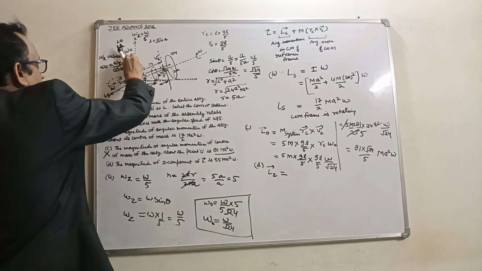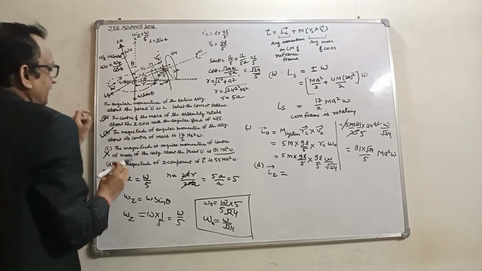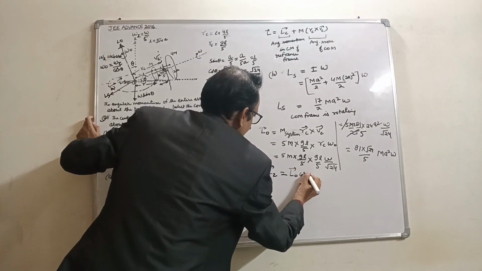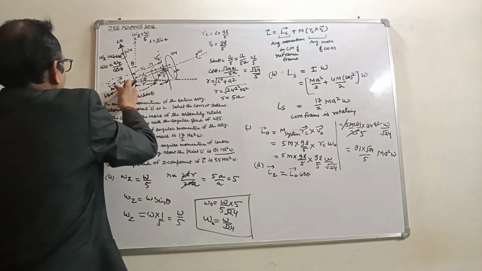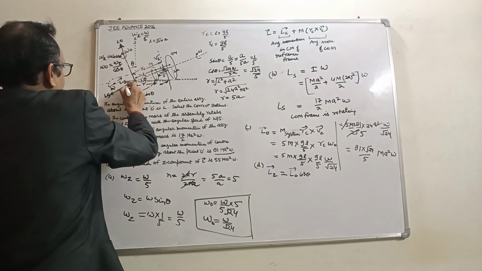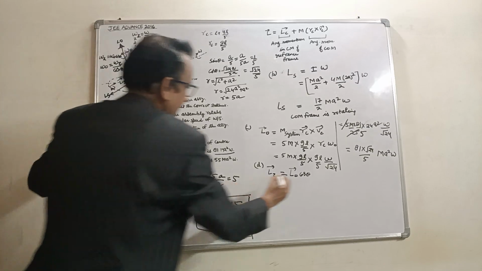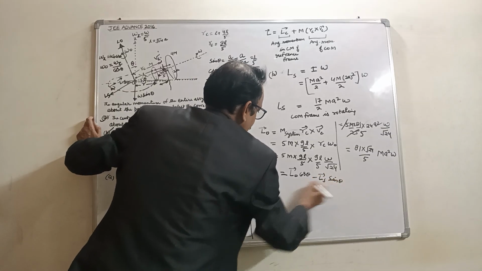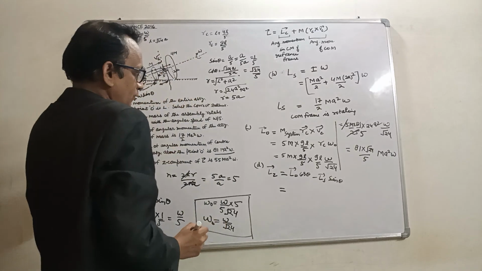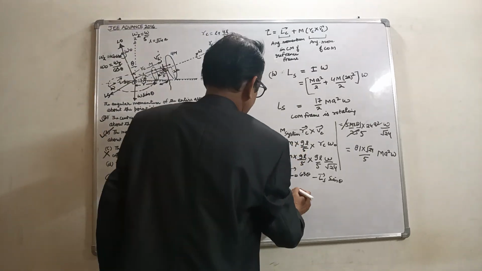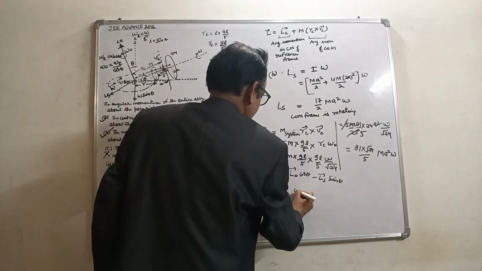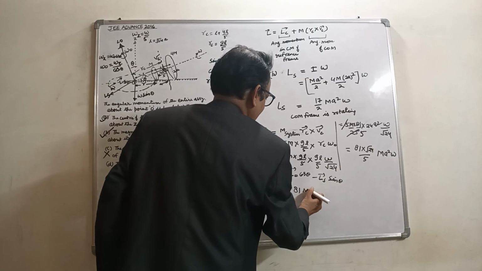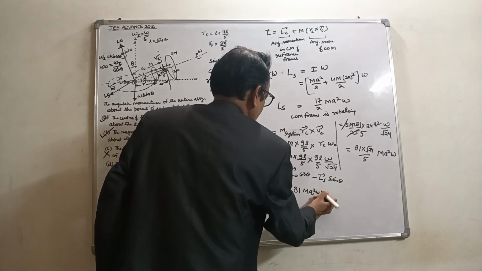So angular momentum LO would be LO sin theta, the orbital angular momentum cos theta, and this spin component would be negative LS sin theta. Placing the values, LO is approximately 81 ma square omega into cos theta.